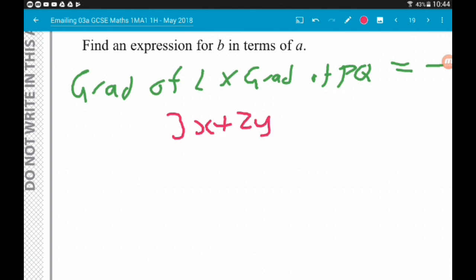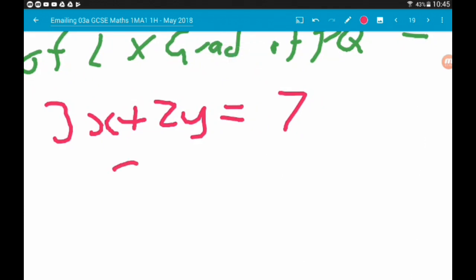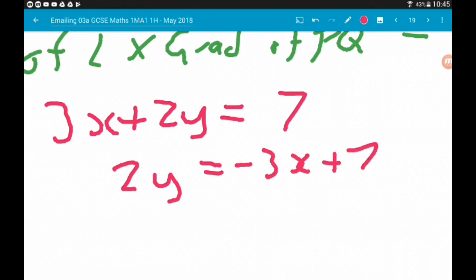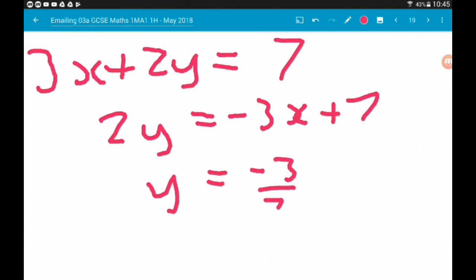If we first of all take away 3x, 2y is minus 3x add 7. And then if we divide by 2, we get y is equal to minus 3x plus 7 all over 2. We could also divide the terms separately by 2, which is what I'm going to do here. So we get minus 3 over 2x add 7 over 2.